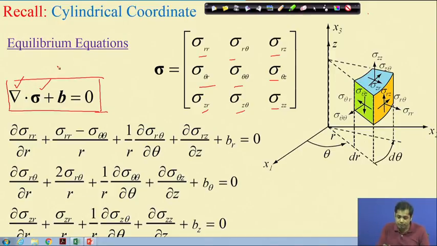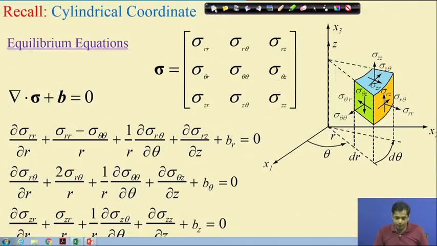Now, if we substitute these components of sigma and the corresponding components of del, then this is the governing equation in cylindrical coordinate system. We derived it in one of the previous classes, where B r, B theta and B z are the body forces in the r, theta and z directions. Now, to get the polar coordinate system, we have just a plane problem, so we have to remove the z direction.